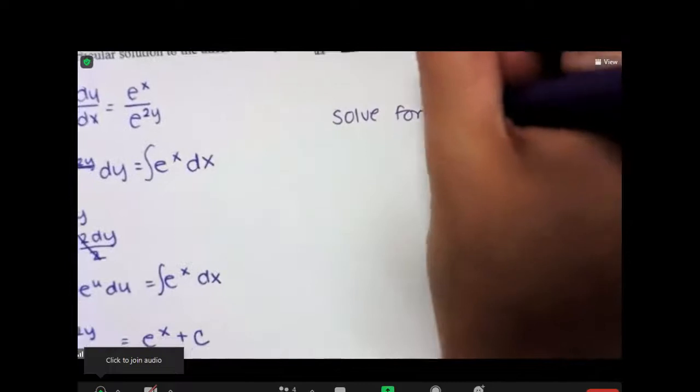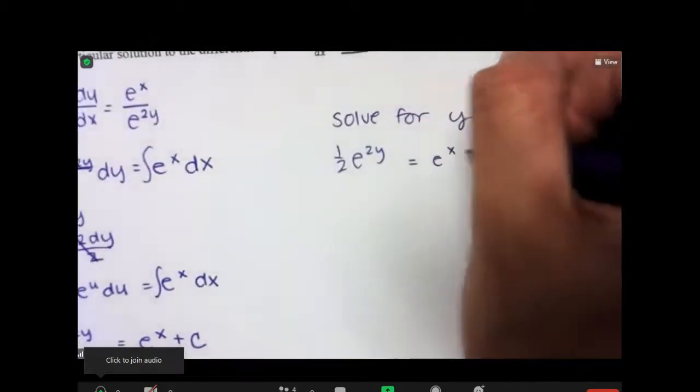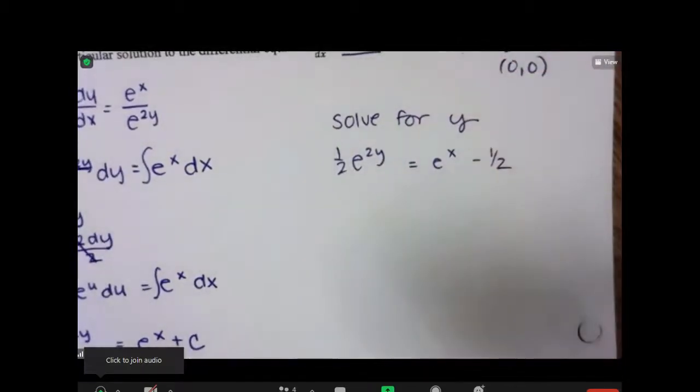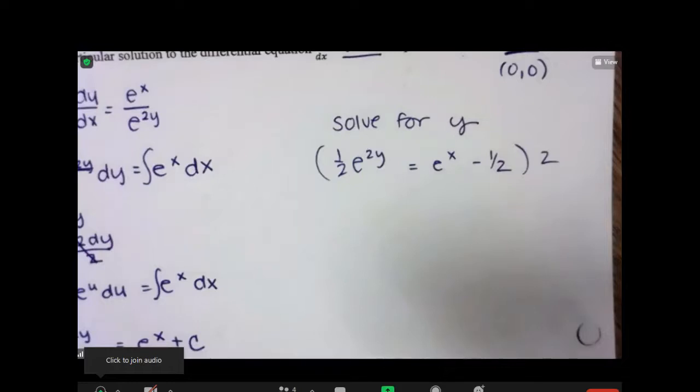So then you solve for y. So you have 1/2 e to the 2y equals e to the x minus 1/2. So we're going to get rid of our 1/2 by multiplying both sides by 2.